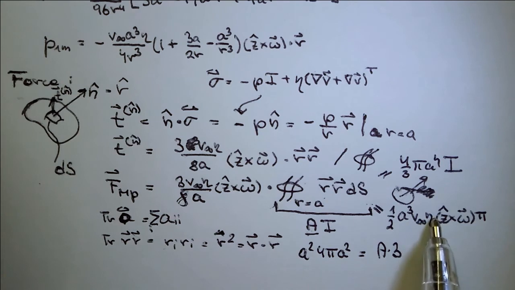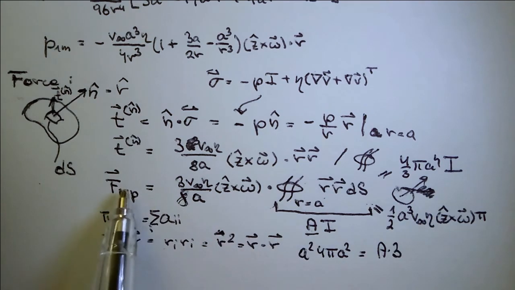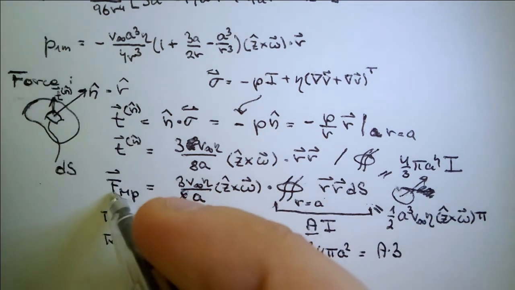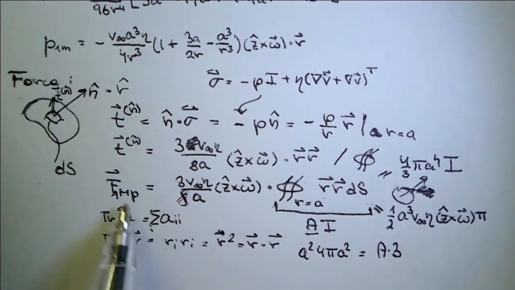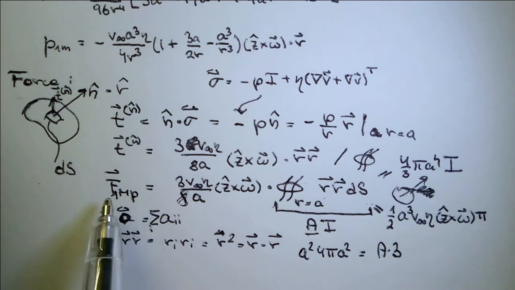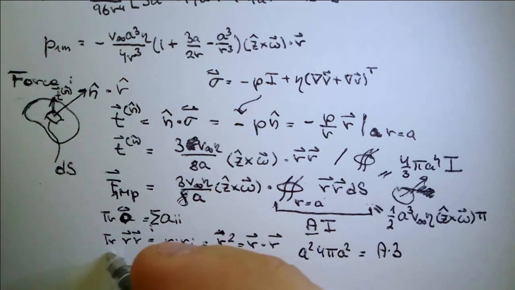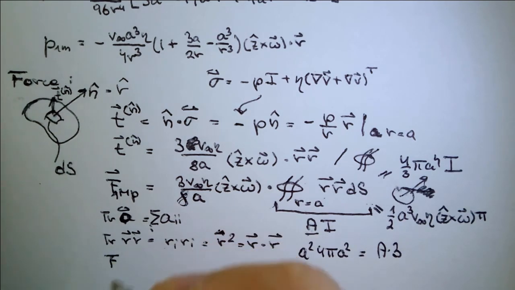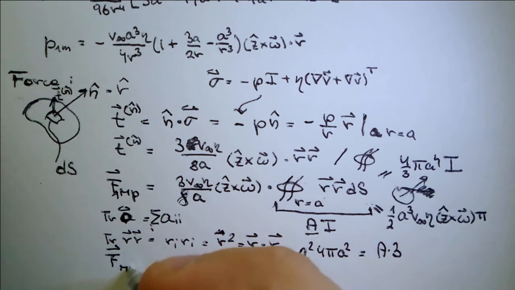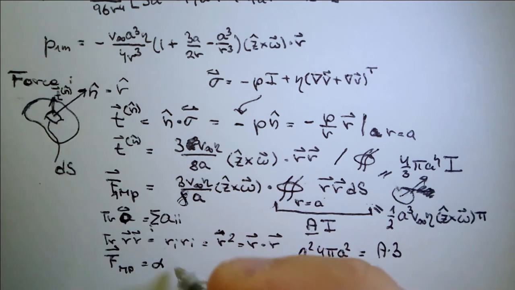But remember that this result is the first linear term in the alpha expansion. I should write 1 instead of mp here, and the actual force with the right coefficients is alpha multiplier of this.